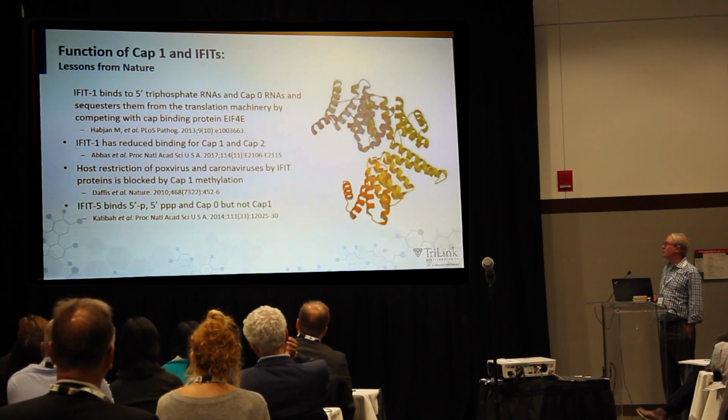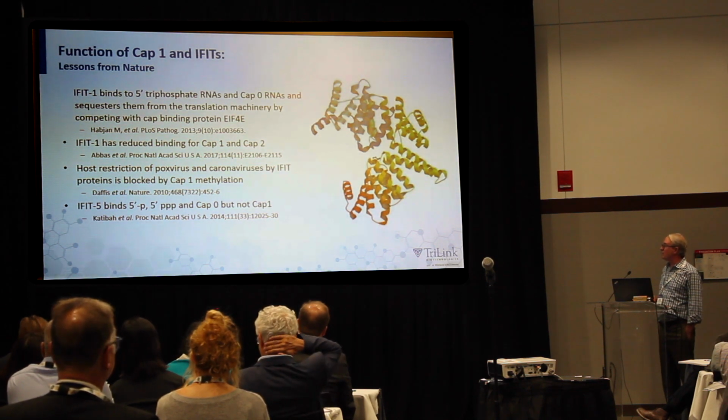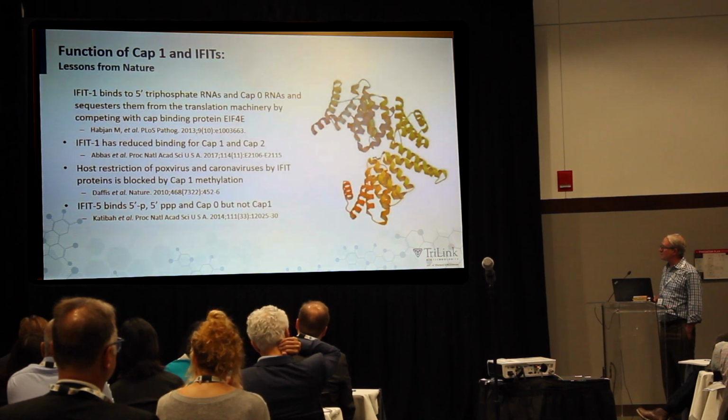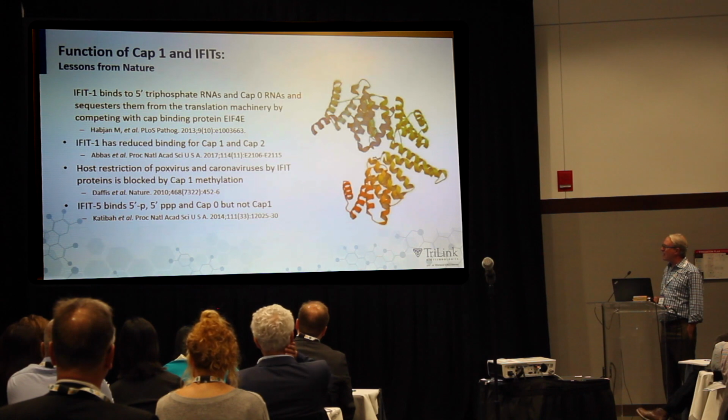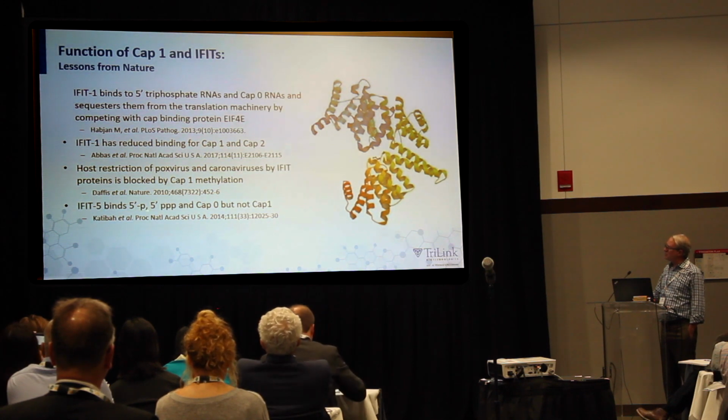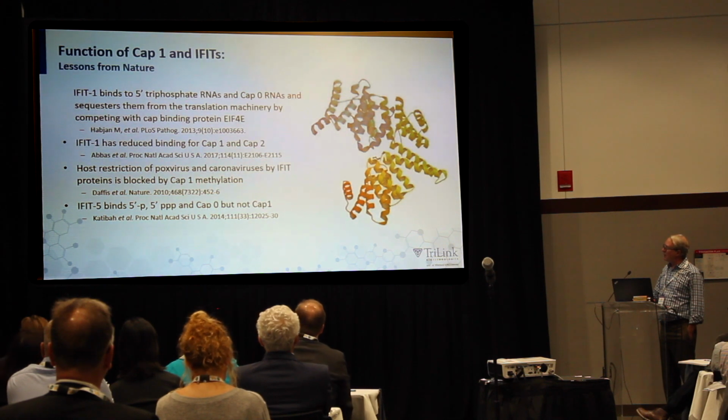So if you methylate those viruses, the cell becomes permissive for those viruses. The most recently studied IFIT is IFIT5, which was shown to bind to 5' monophosphate, 5' triphosphate, and cap0, but not to cap1. So the capping state of the mRNA determines which of the pattern recognition receptors in the cell bind to these different RNAs.